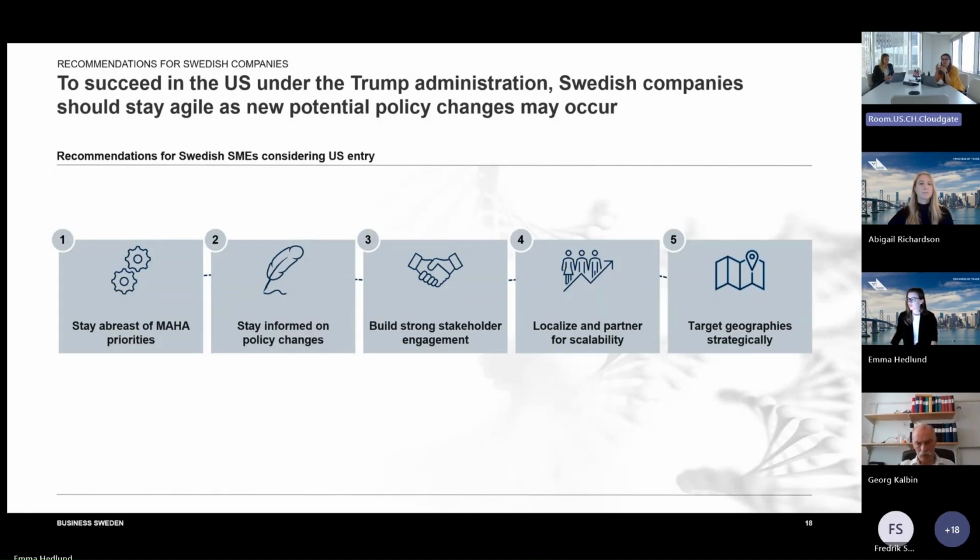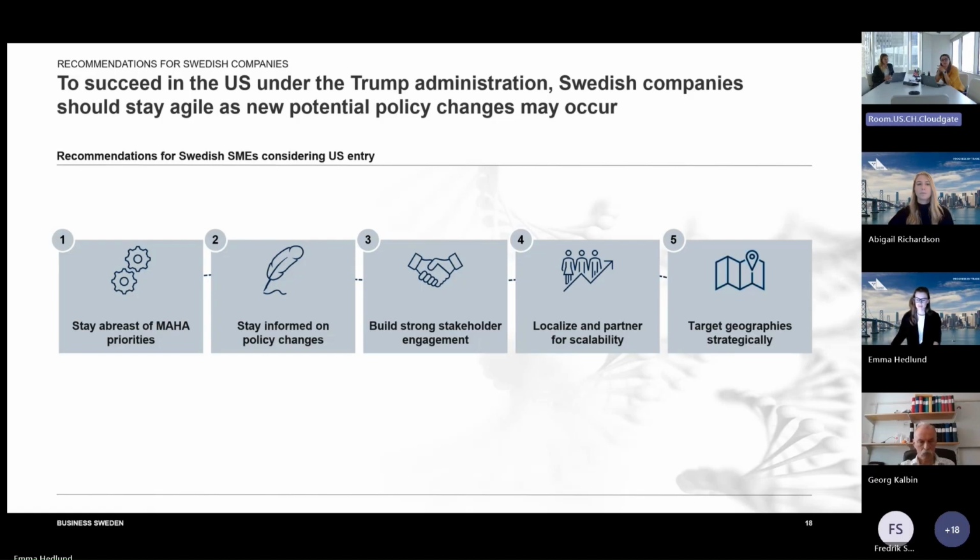And anything that's changing, there's continuous dialogue with these governmental bodies that are executing on MAHA, like HHS, like CMS, like the FDA, very importantly. So it's very important to keep an eye on those and stay informed on those policy changes from those players.